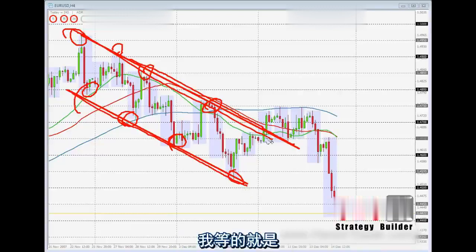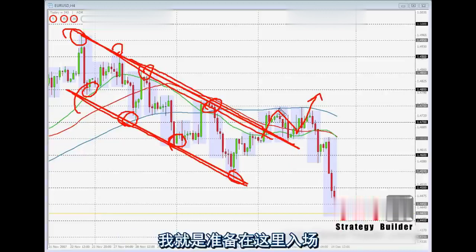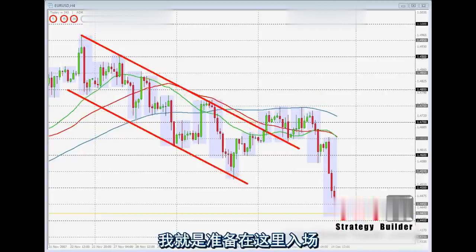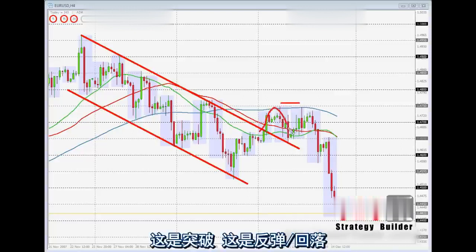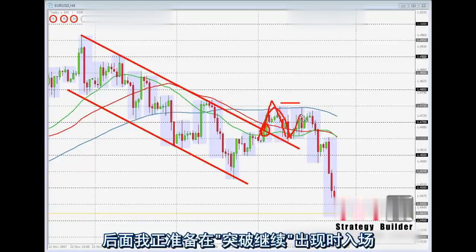Basically, I was waiting for my typical breakout pullback continuation pattern. It's a very typical formation. In fact, I was searching for an entry right above this level. This is the breakout, this is the pullback. You see that? From there, I was seeking to try the continuation.